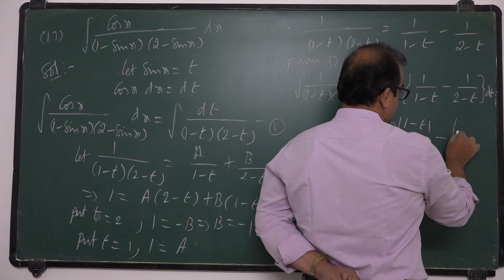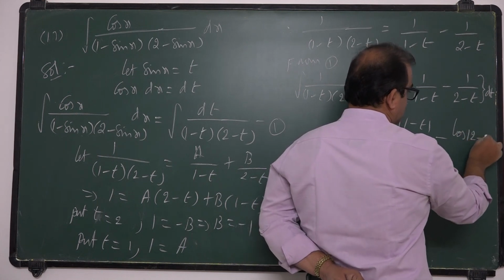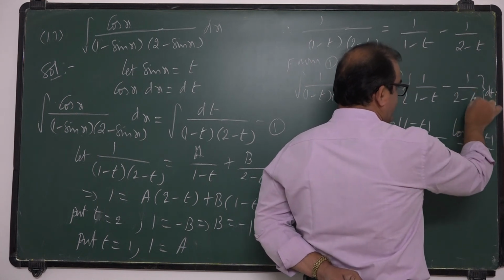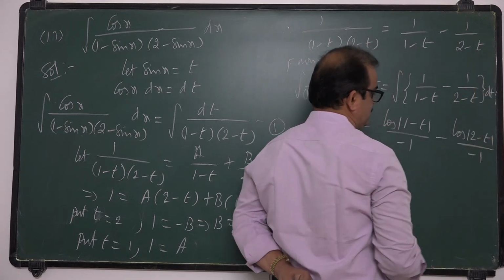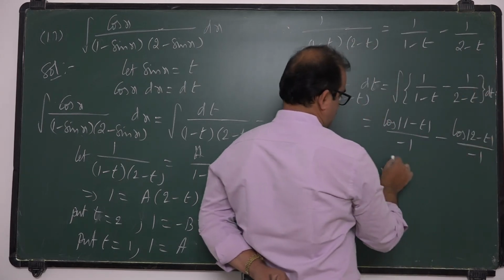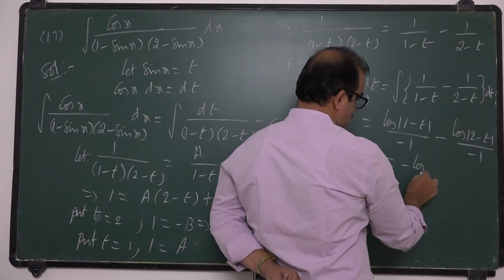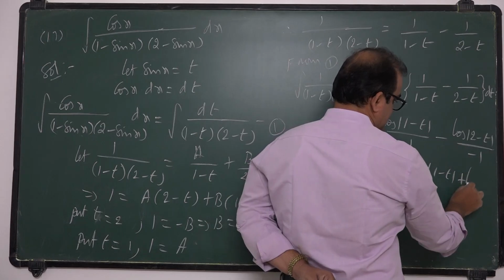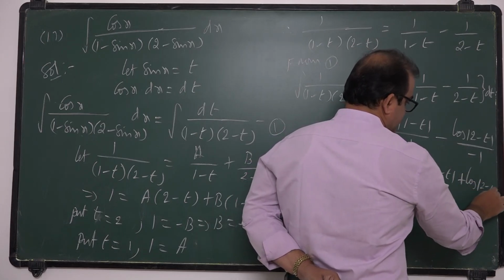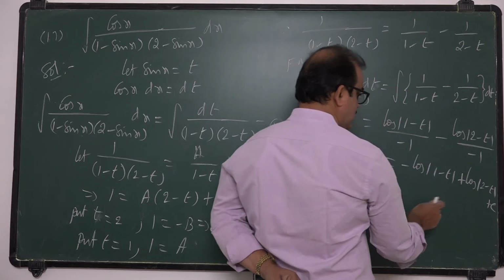Here also log mod 2 minus t, divided by the derivative of 2 minus t with respect to t, it is minus 1. So it is minus log 1 minus t, minus into minus, plus log 2 minus t plus c.